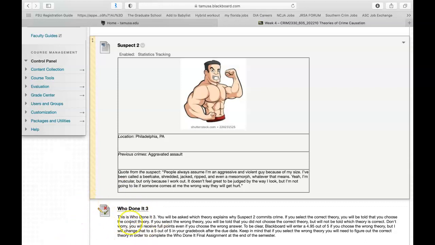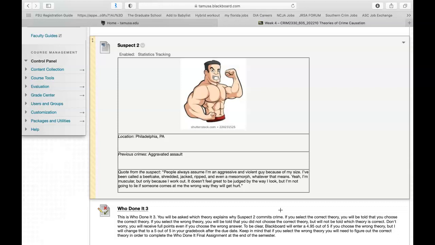So these questions are going to ask you to select the theory that explains why they committed the crime. So basically, this is going to be similar to what your exams are like. Your exams for this class are all going to be application questions, and this is exactly how they're laid out.